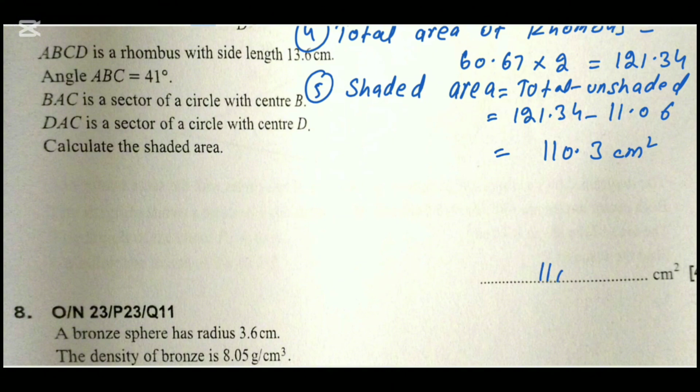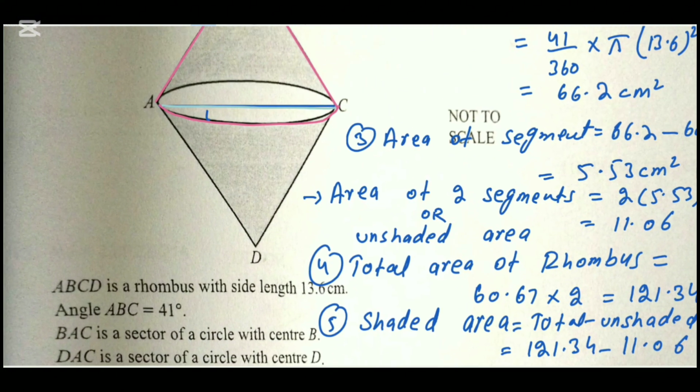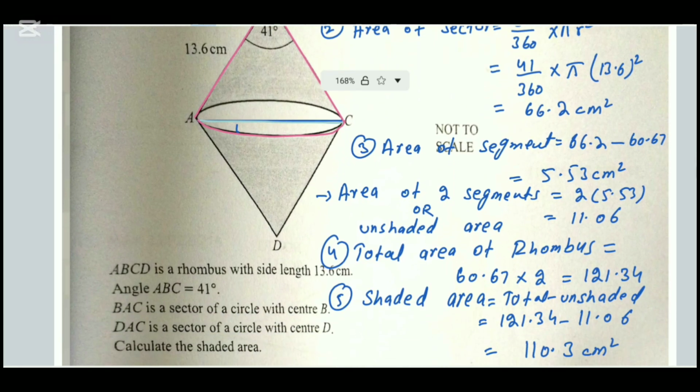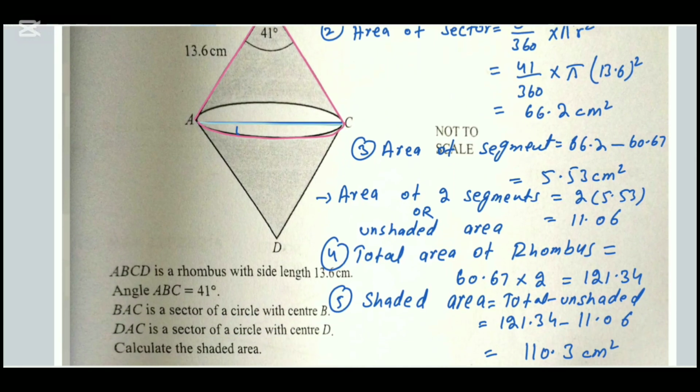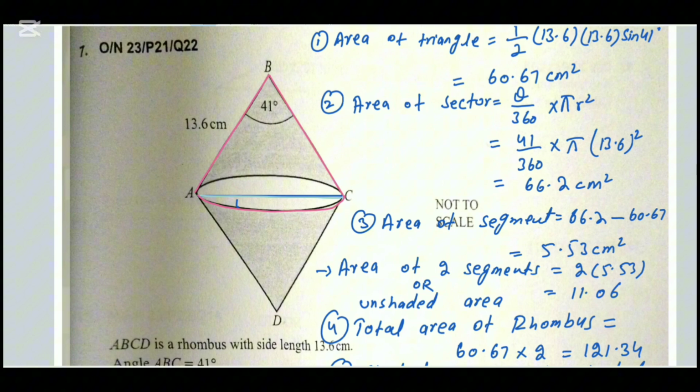So 110.3 is the final answer. This is a little bit lengthy question, but it's not difficult. You just need to understand the concepts of what the question is actually asking.